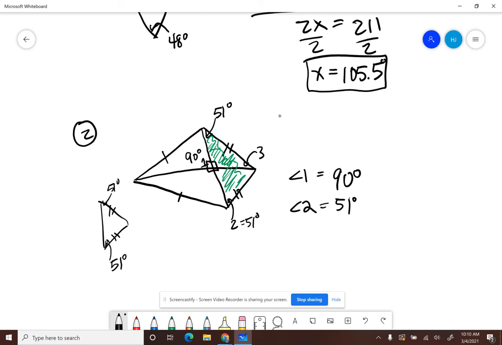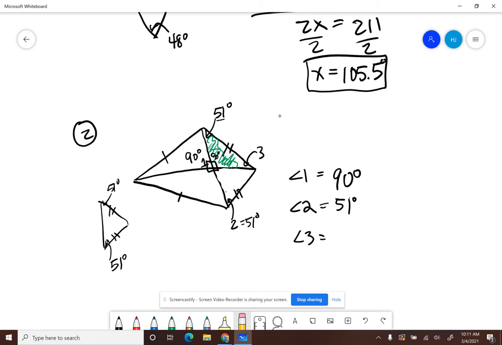Now we're thinking about number 3 here. Remember, we already decided that this one is 51 degrees. We've decided that all of these angles inside of here, because the diagonals are perpendicular, have to be 90 degrees as well, which means now I can use the triangle angle sum theorem, which just says that all triangles add up to 180 degrees. Now my focus is going to be on just the top triangle, okay?